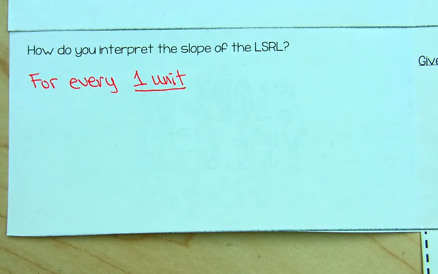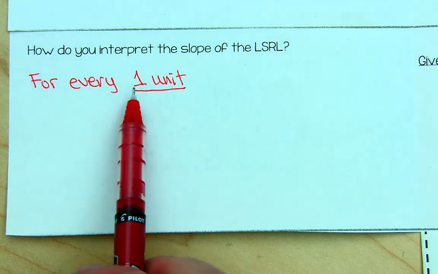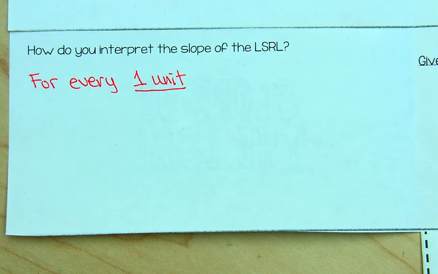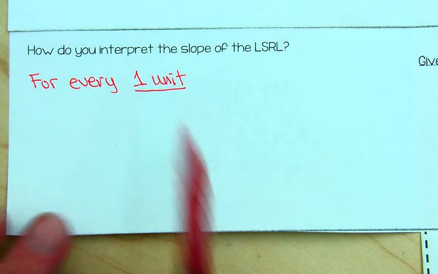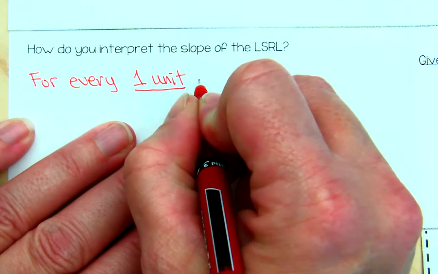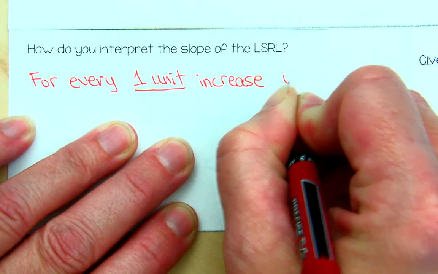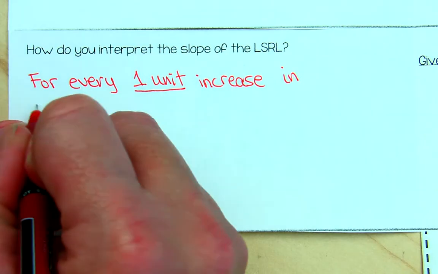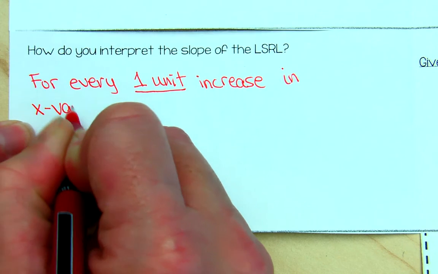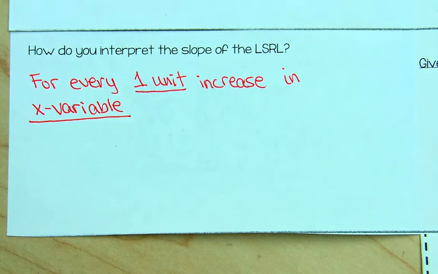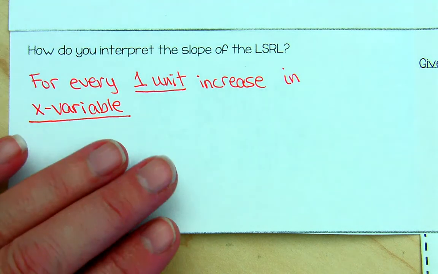So typically you can say, for every increase in the x variable, the y variable is predicted to increase or decrease. The things that I underline is where you're going to put it in context of the problem. So it may be for every 1 degree Fahrenheit, or for every calorie, or for whatever it is that we're doing. That's going to be our units in there. Again, we would write the x variable in context of the problem. What is our x variable in this problem?